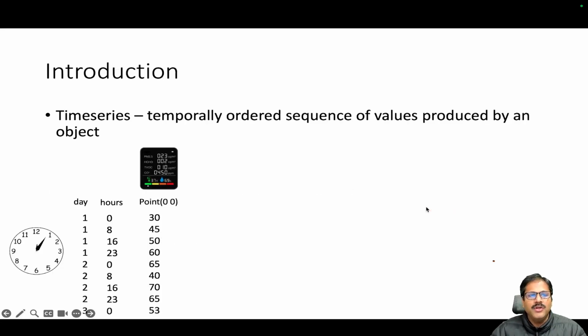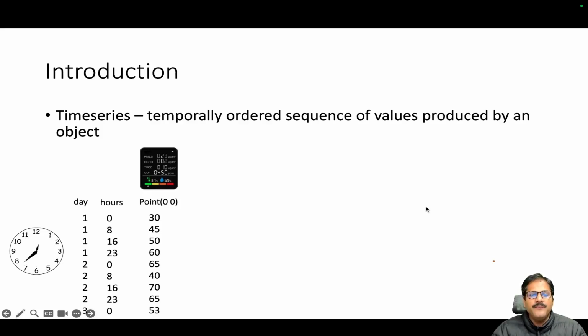First, to learn multiple time series, we first have to know what is a time series. Basically, a time series represents a temporally ordered sequence of values. For example, assume a sensor has been kept to measure air pollution once in every 8 hours.